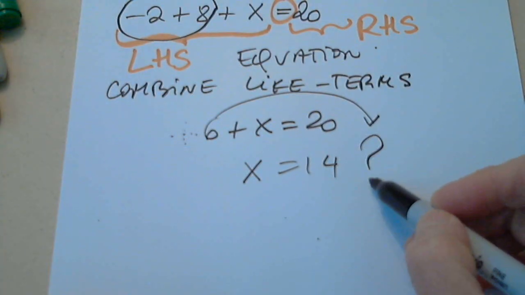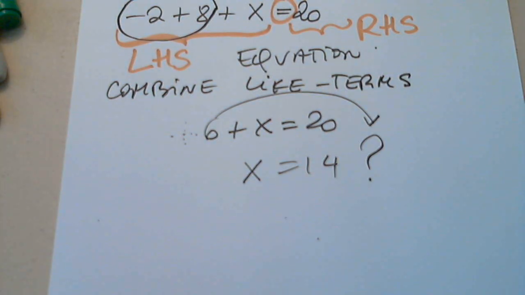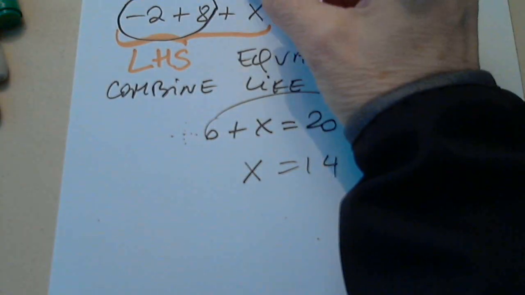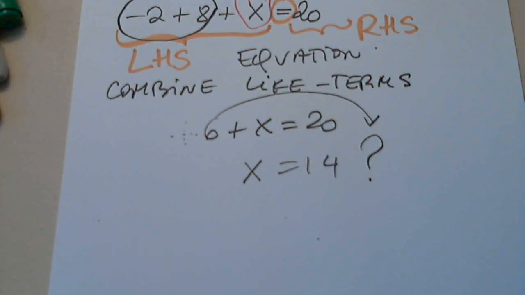Now, is this true? I have no clue. But I don't need anyone to tell me yes or no. Here's what I'm going to do. I'm going to go back to the original equation. I'm going to replace x by 14 and see if it's a balance still. If it isn't, then 14 is wrong.